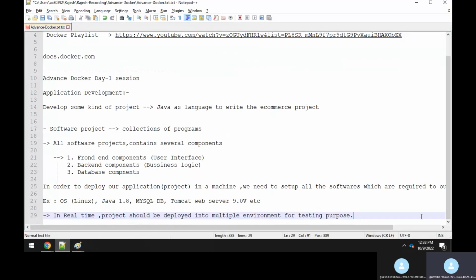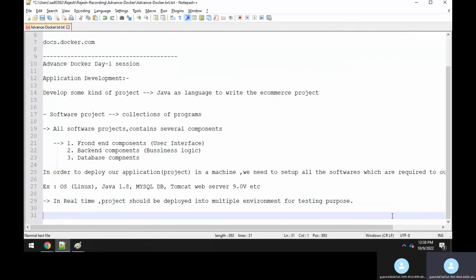In real time, a project should be deployed in multiple environments for testing purposes. That's the reason we have different environments. For example, we have a dev environment, which is used by the developer to perform integration testing.